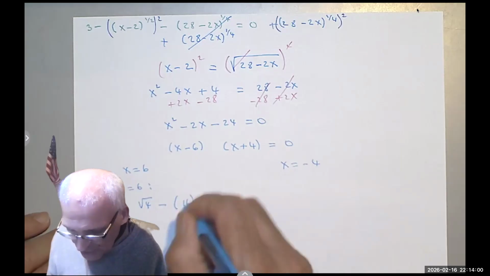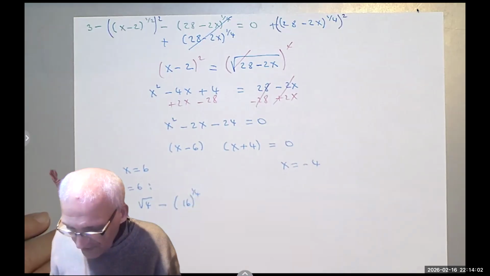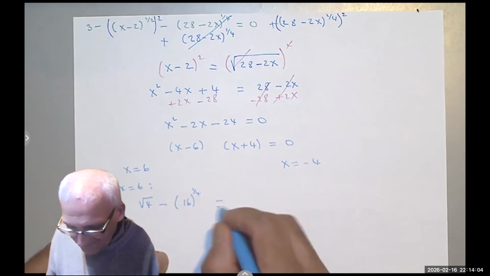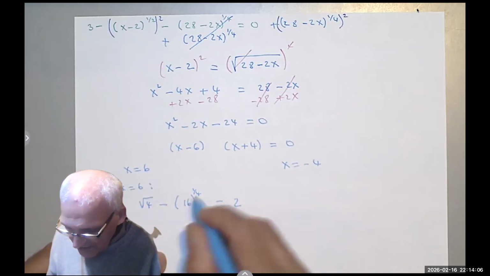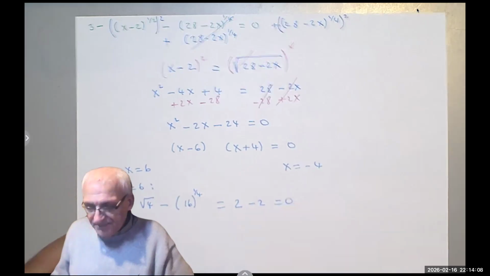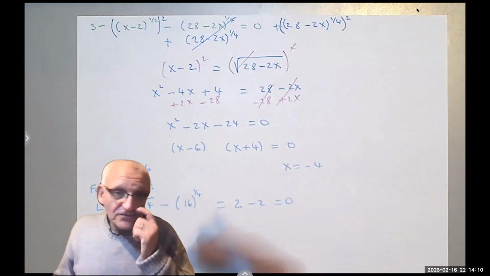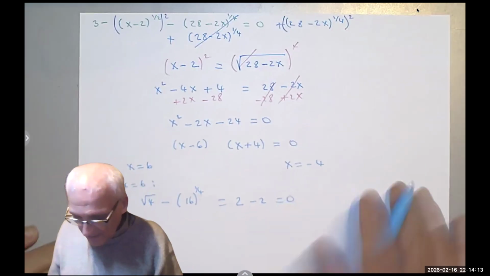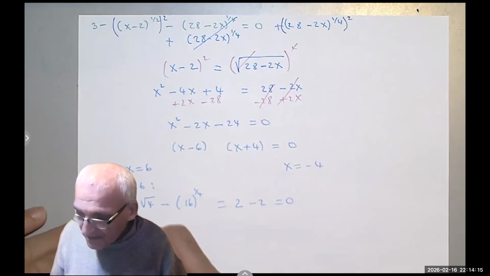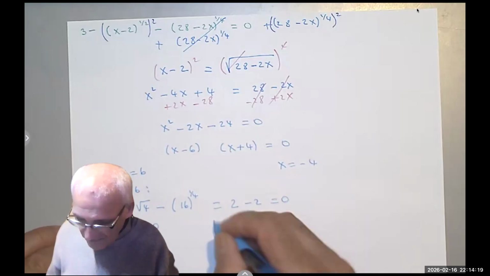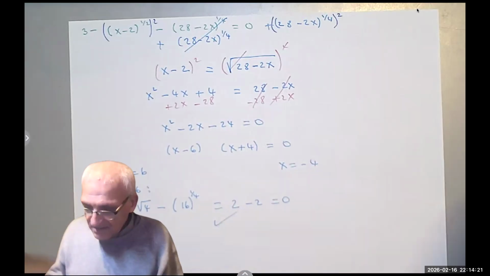We can write 2 square roots or to the 1/4 power. This is 2 minus 2 equals 0. The fourth root of 16 is 2, right? The right-hand side is 0. So x equals 6 is fine.